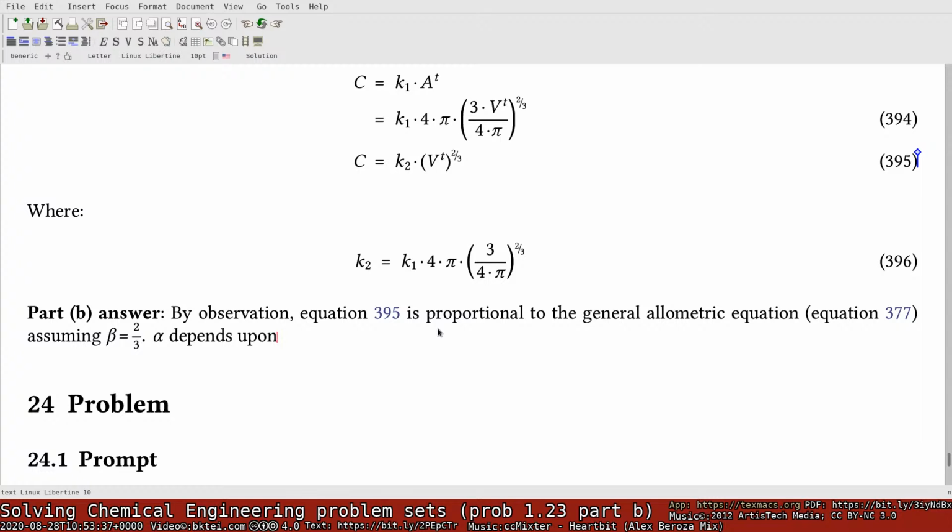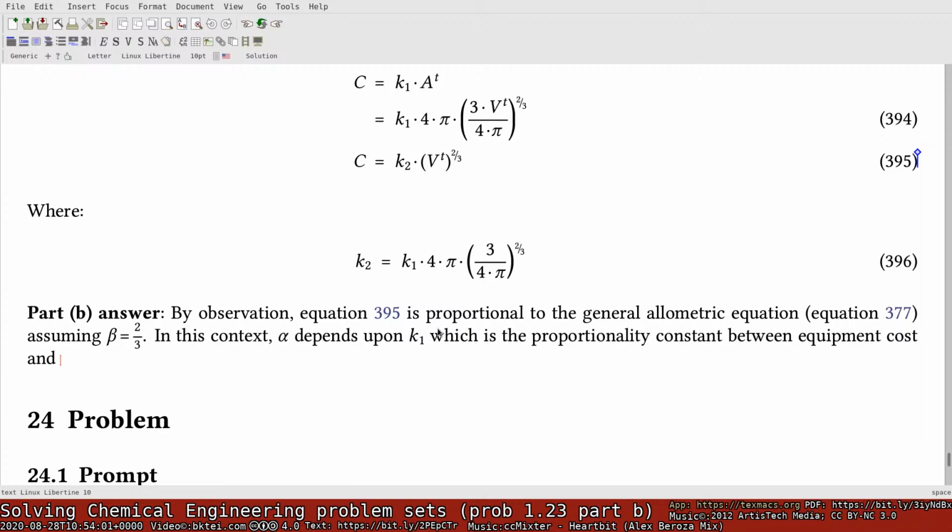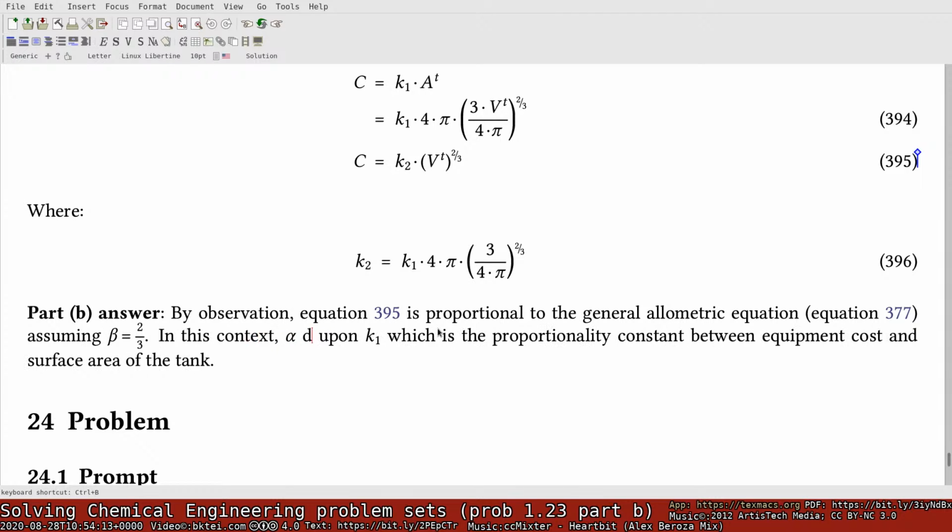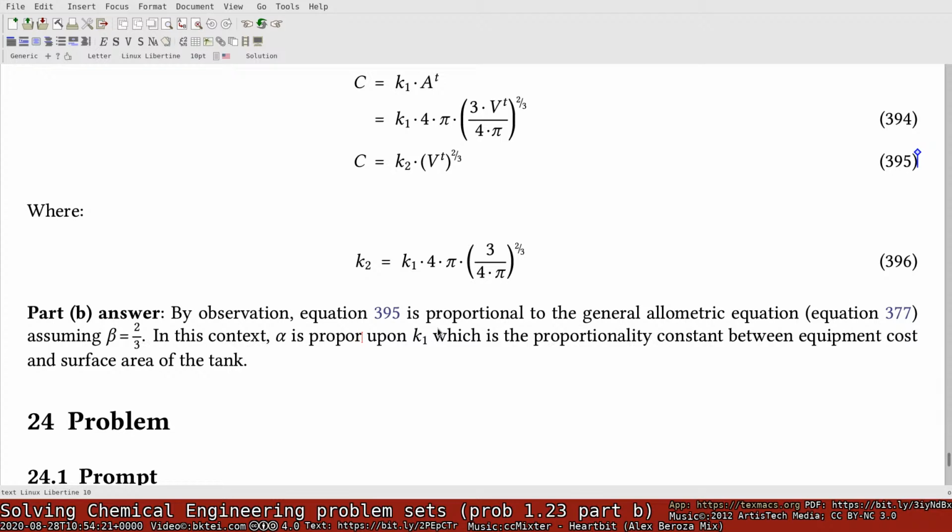In this context, alpha depends upon K1, which is the proportionality constant between equipment cost and surface area of the tank.